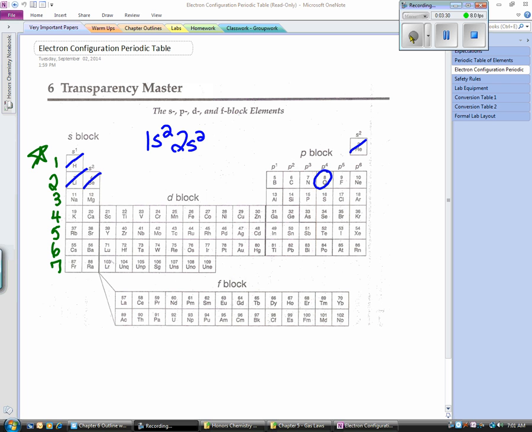Now we're still in 2, still the second row. 2p, 1, 2, 3, 4. So 2p, I went over 4 spots. So my answer is 1s2, 2s2, 2p4. I'm going to double check. I have 4 plus 2 is 6, plus 2 more is 8. Oxygen is number 8. So oxygen is 1s2, 2s2, 2p4.